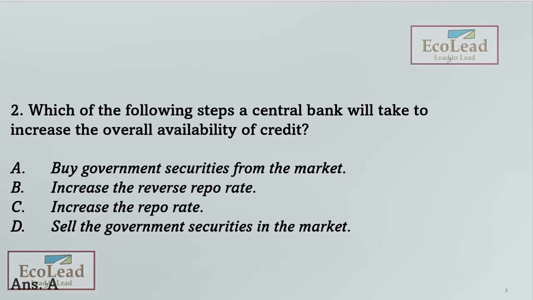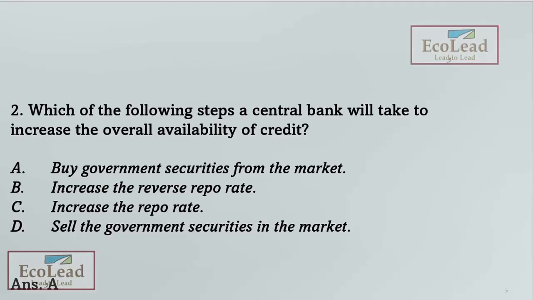Option D, sell the government securities. Now, the government sells the securities. In the previous question also we have seen that definitely people will buy the government bonds, then they will have a lesser amount of money for investment and all. So it will also decrease the availability of credit.